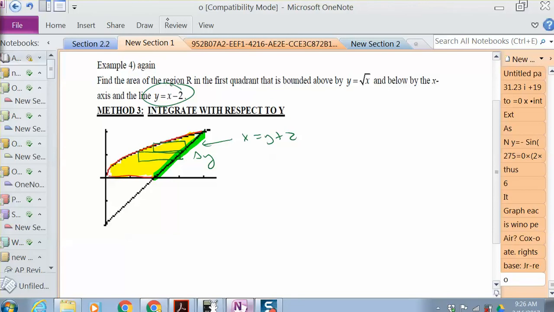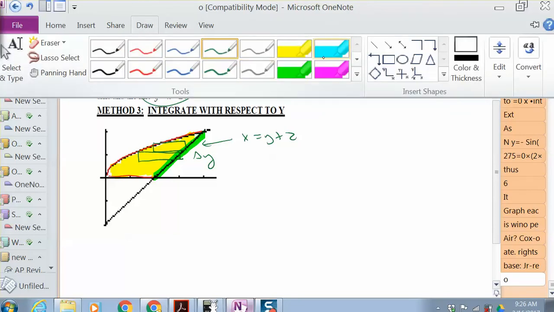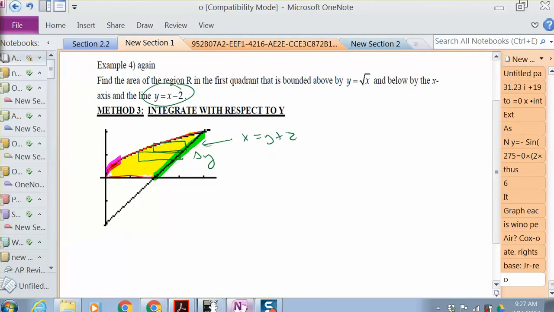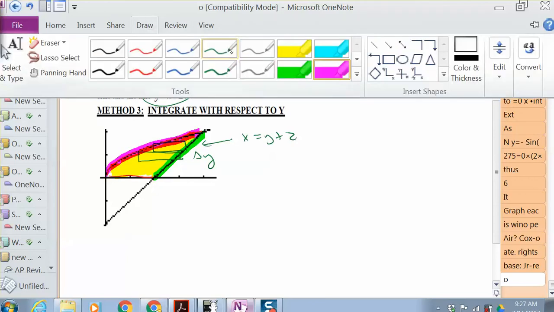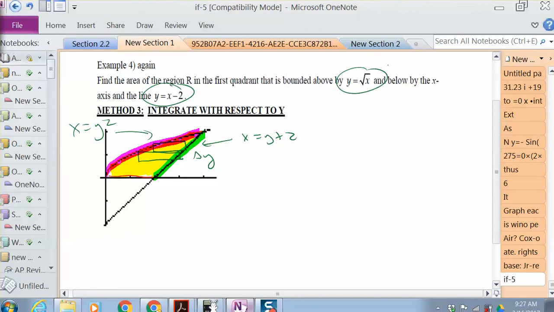And for the other equation, the one that's to the left, I'm going to call that x equals y squared. So that's my left, that's my right.